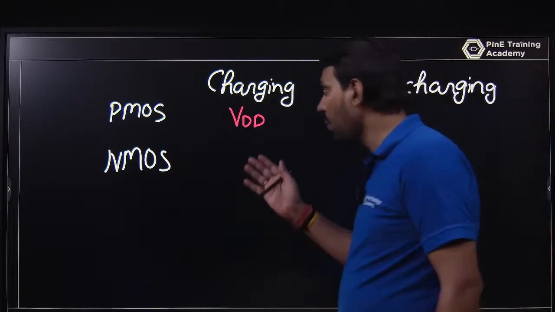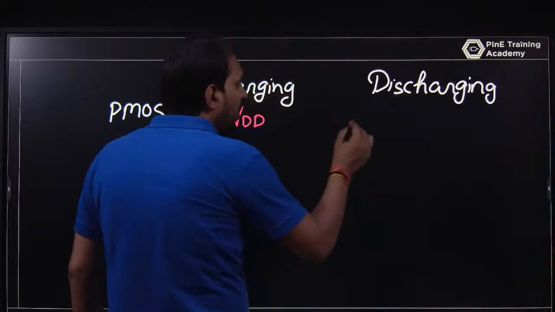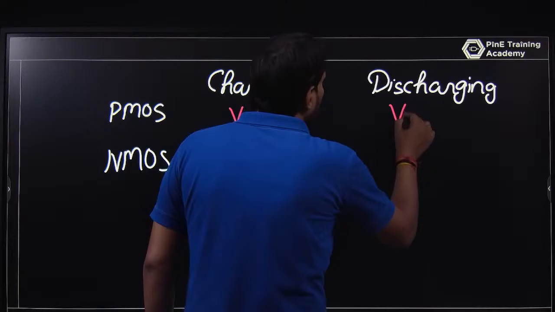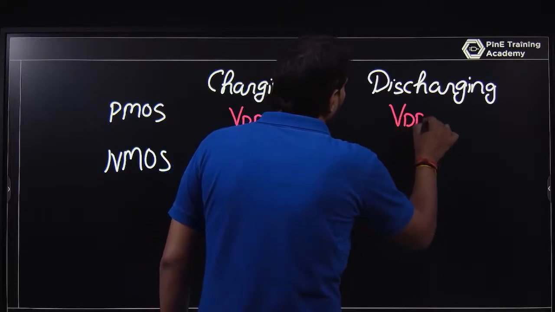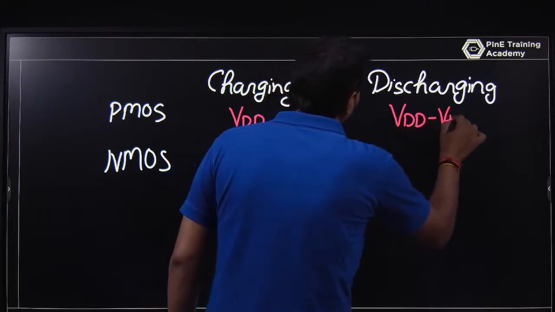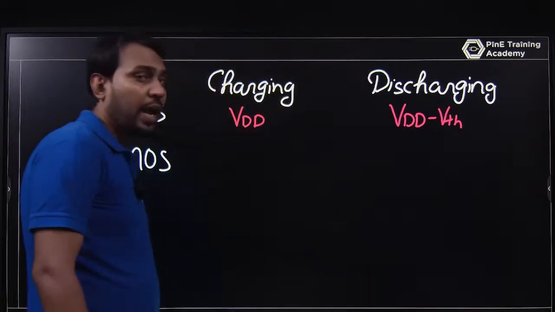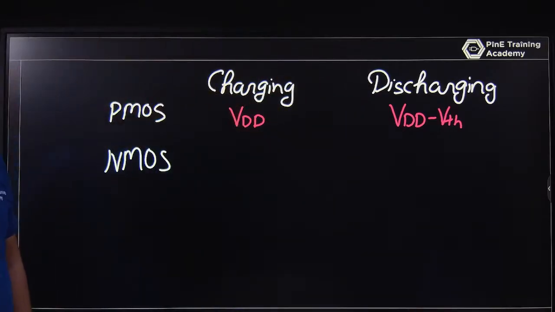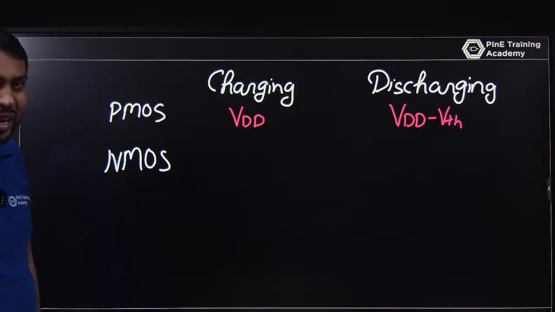But when you talk about PMOS for discharging, it will not discharge to 0, it will discharge only till mod VTH. The capacitor is discharging where VSG is greater than or equal to mod VTH. The capacitor voltage will never go below mod VTH, because then the MOSFET will be off.